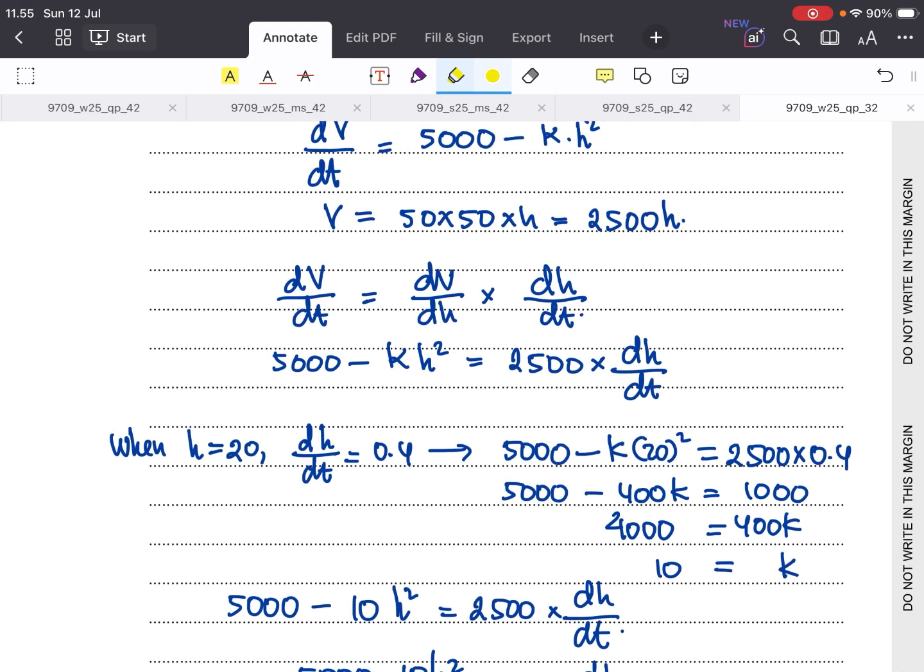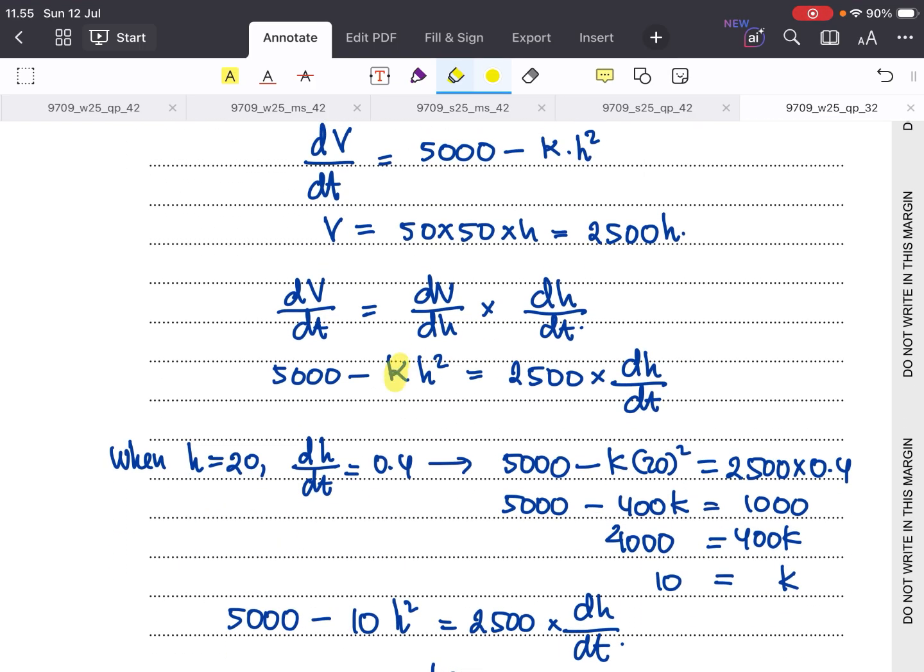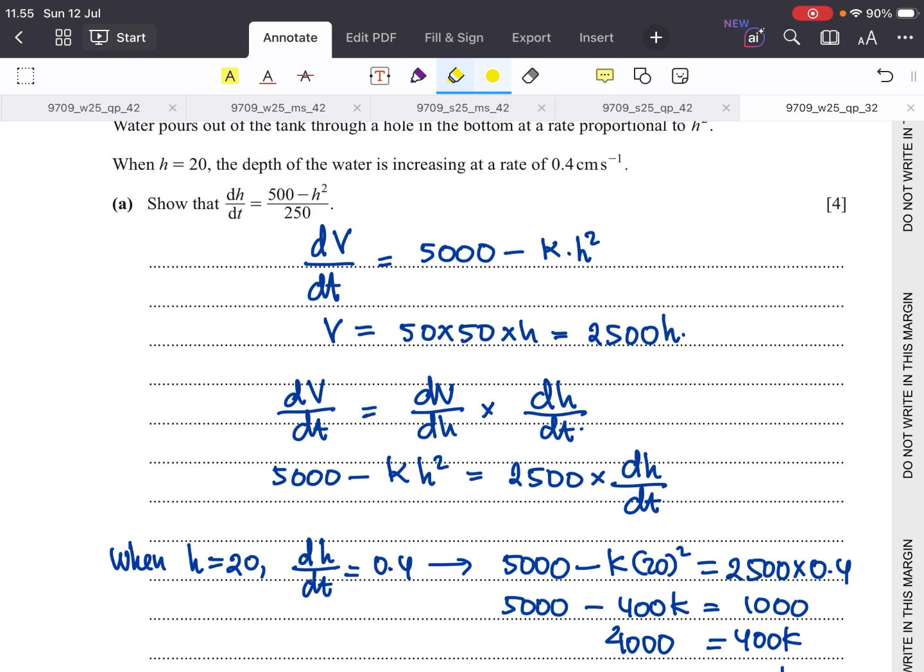Now, in order to find the value of k, we have a condition that, as it is stated in the question, when h equals 20, the depth of water is increasing at the rate of 0.4 centimeter per second. So that's the condition for us to find the value of k.